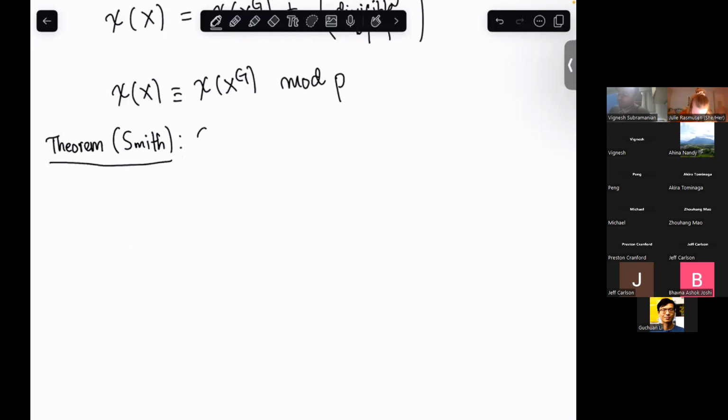So there's a theorem of Smith. Smith is a very common name in math and also in homotopy theory. This is P. Smith.